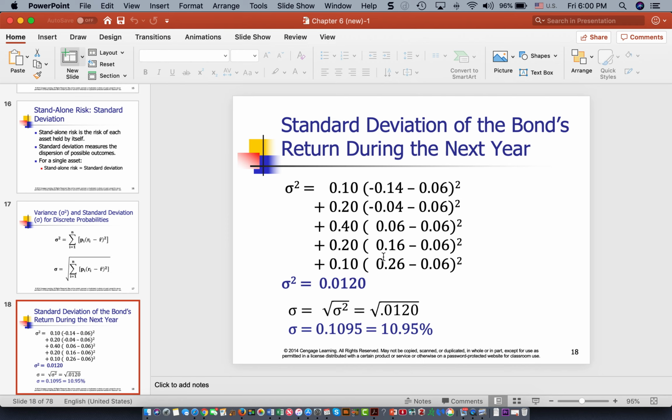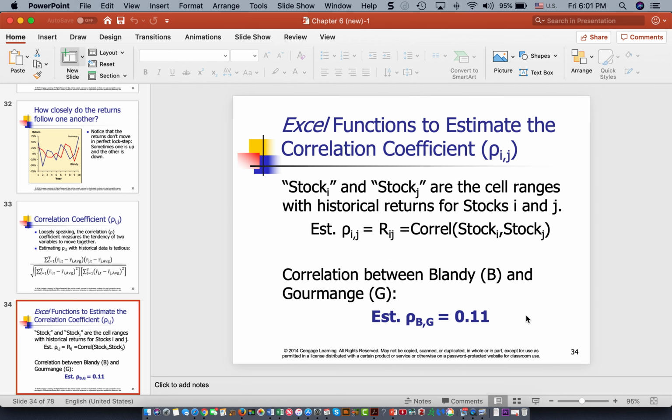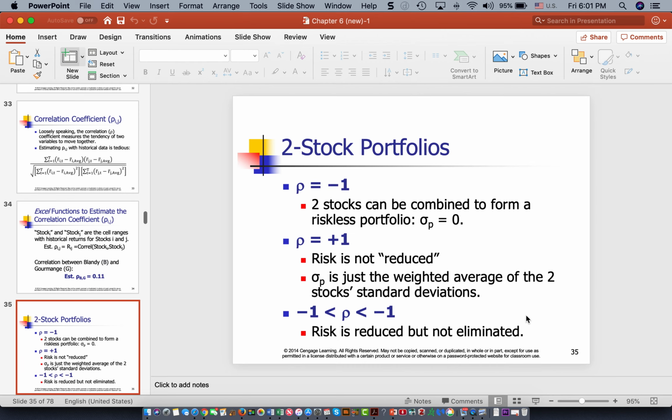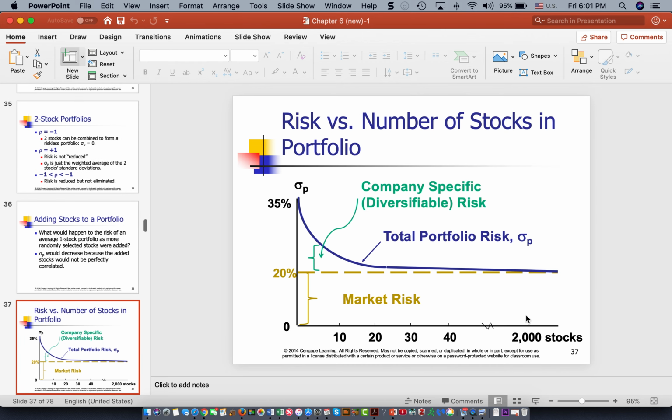Now we say that this is not necessarily the right way to find the risk of a stock. So we gave you what is known as the capital asset pricing model. To understand that, we go to this part first.